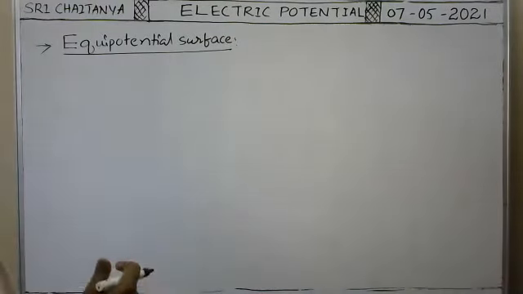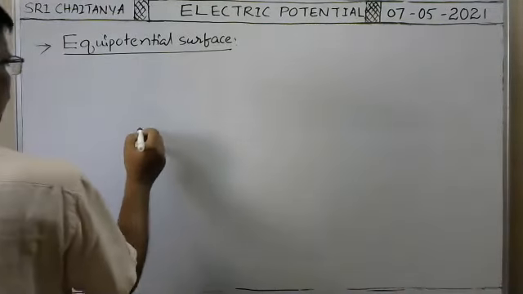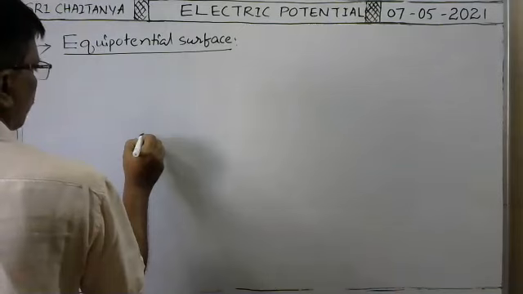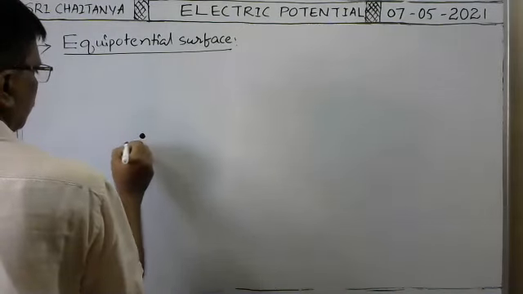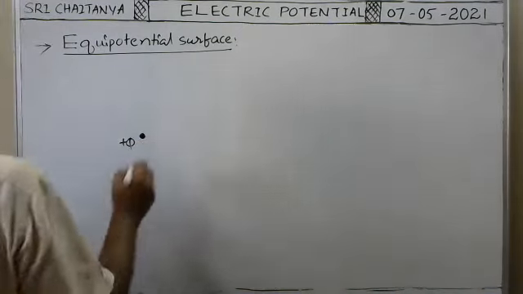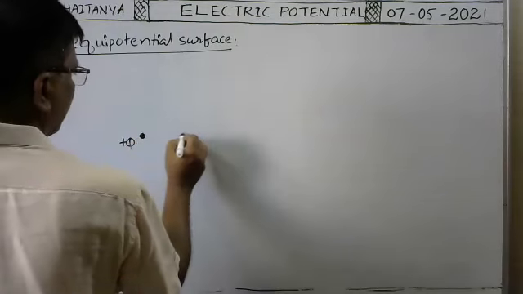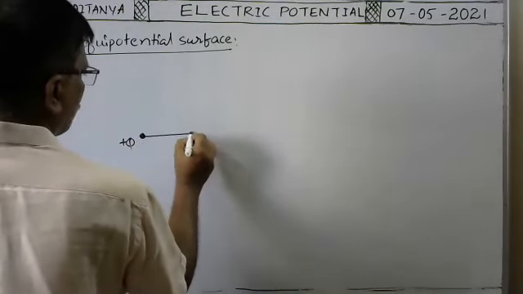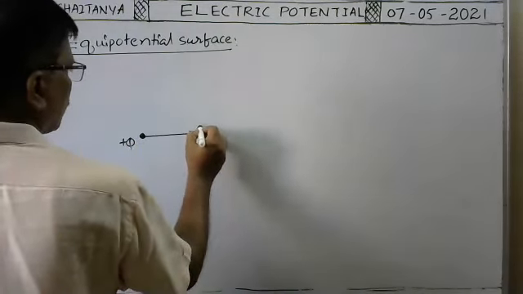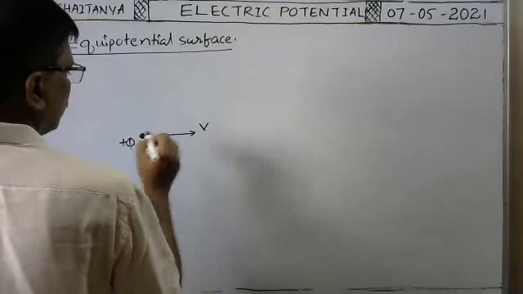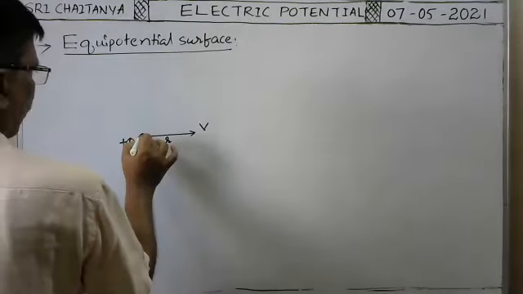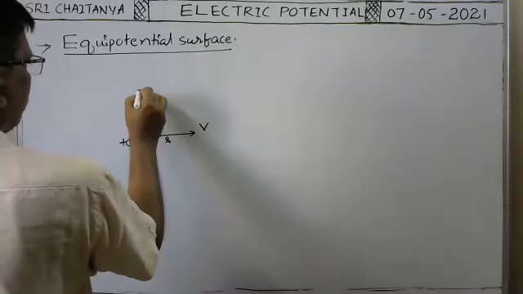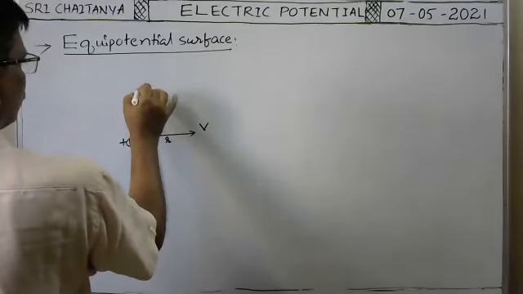Suppose you take a positive charge plus Q. From this point at a certain distance r, suppose the potential is V. Then from this charge in this direction, at the same distance, the potential is V only.